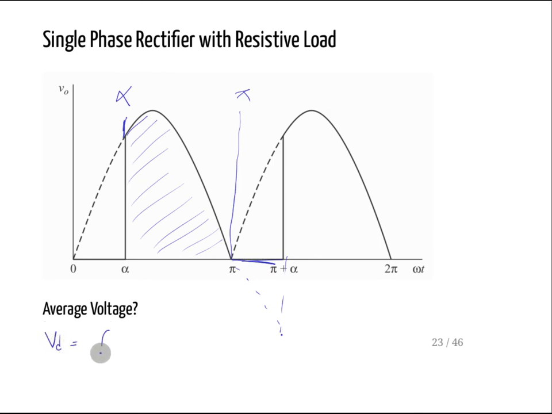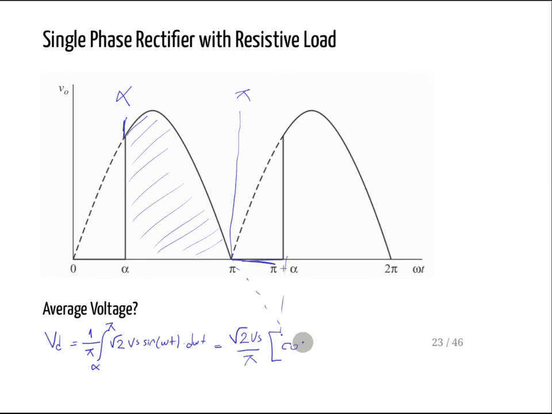The average voltage will be equal to the integral from alpha to pi of square root 2 Vs sine omega t d omega t, and either you can multiply it by 2, divide by 2pi, or divide that thing by pi. And when you write that one, square root 2 Vs divided by pi, right? And now remember, I'm not writing in full, but this is minus cosine, and with the limits it becomes plus cosine alpha, right?